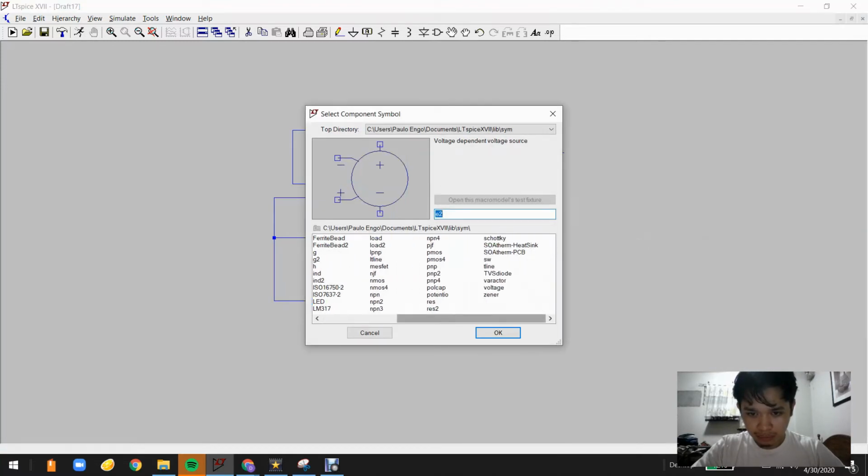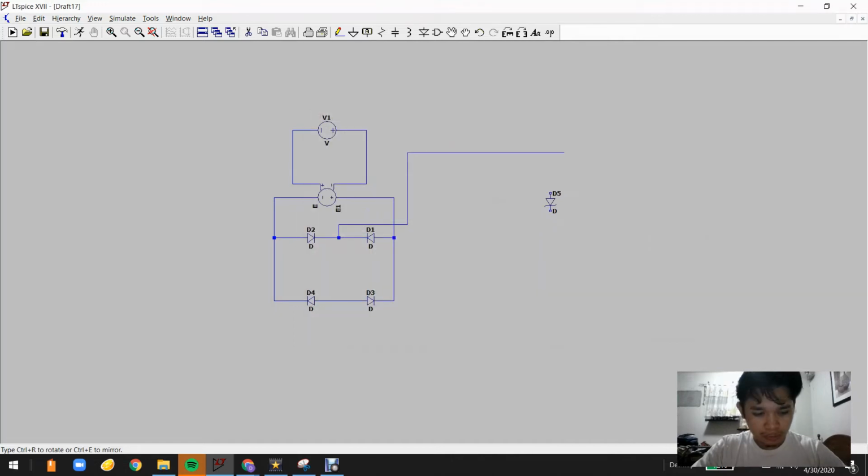This next part we're making is for the different voltages that we're supposed to get for this.